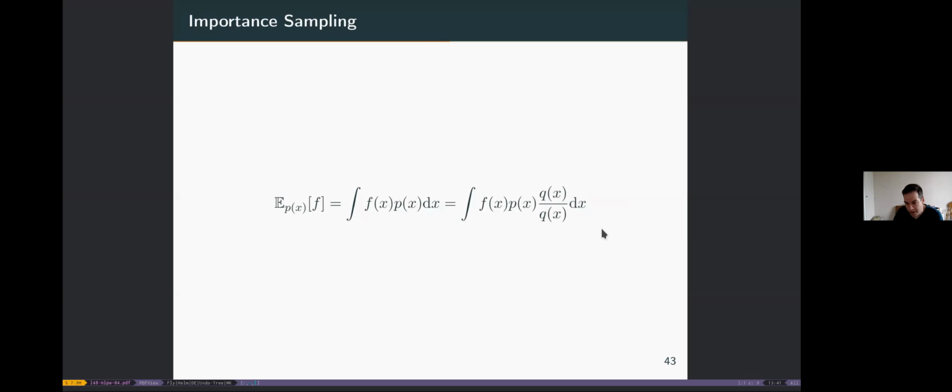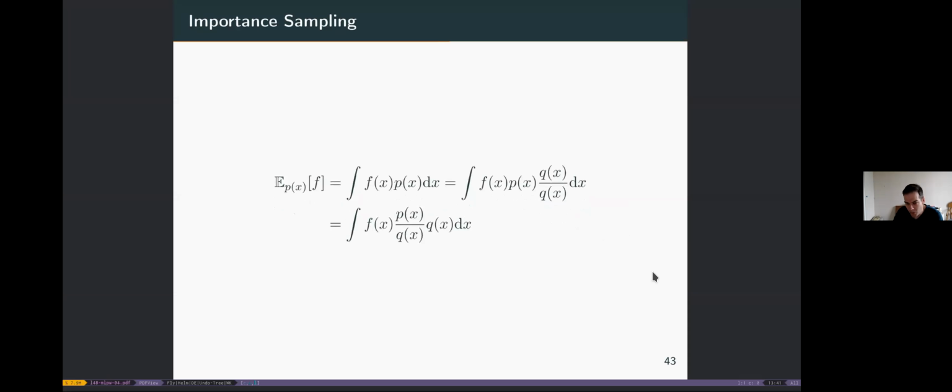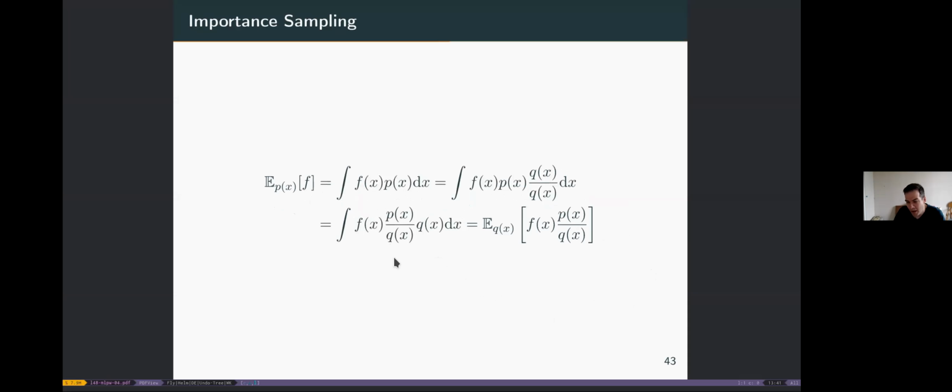Then I can move one Q and say that actually what this is now is an expectation over the distribution Q over this object instead. What we can call this object here is now the relevance of a sample.